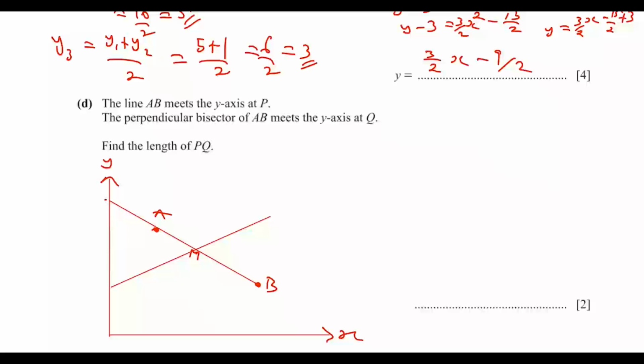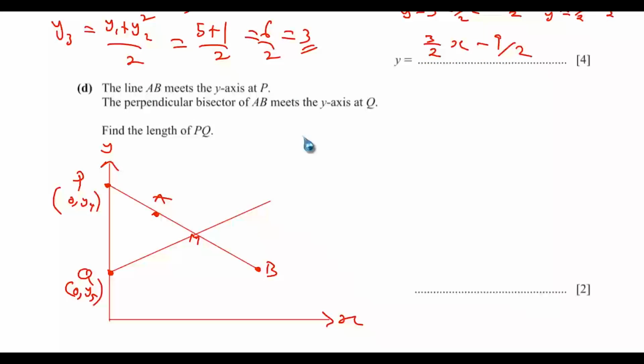Okay, so this will be point P, and this will be point Q. So P has the coordinates x equals 0, then y equals y4, we don't know. And here Q has the coordinates x equals 0, then y equals y5.